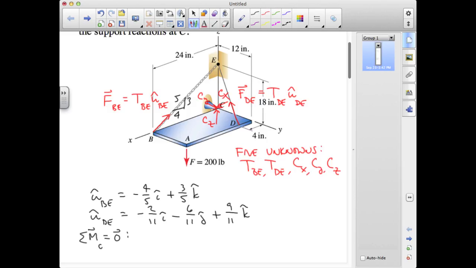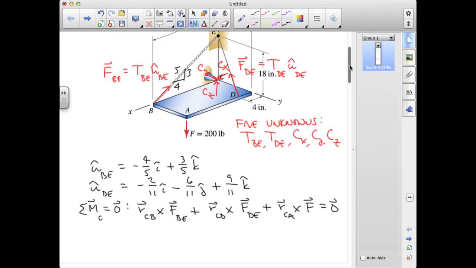And in vector form, that's going to look like RCB cross FBE plus RCD cross FDE plus RCA cross F equals 0.